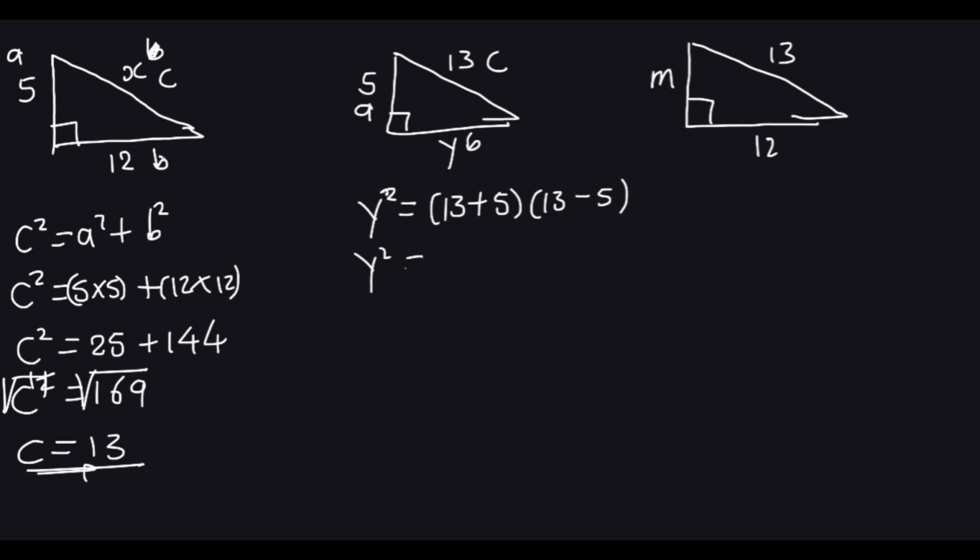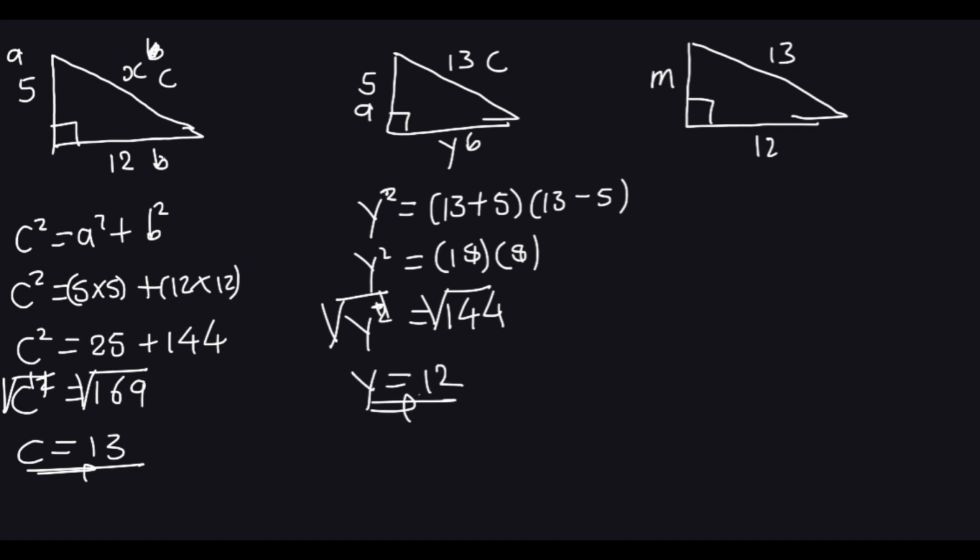So y squared is equal to 13 plus 5 is 18. 13 minus 5 is 8. Then y squared is equal to 18 times 8. I'm getting 144. Then the square root of 144 is just 12.